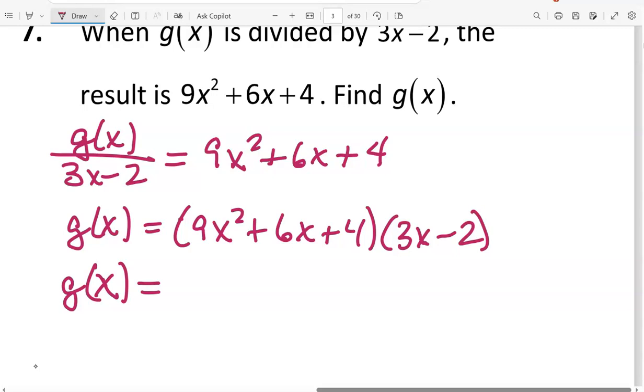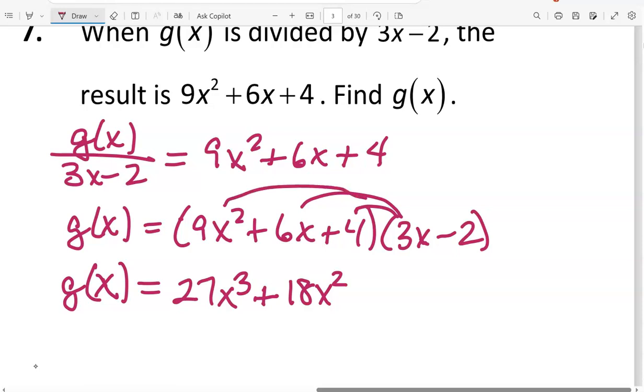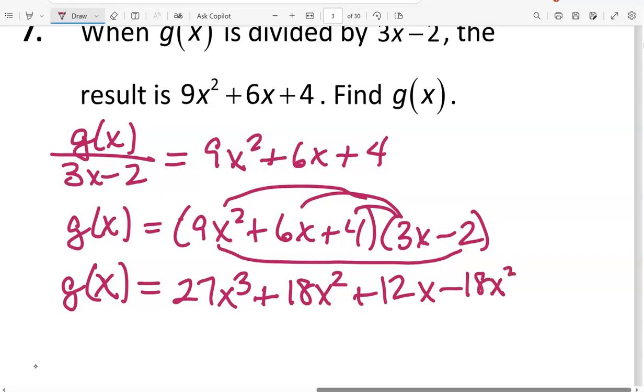If we multiply the first terms in the parentheses together, we get 27x cubed, and then if we multiply the next terms times 3x, that will give us plus 18x squared, and then the next term times 3x would give us 12x, and then 9x squared can multiply by the negative 2, and that gives us minus 18x squared, and 6x can multiply by the negative 2, and that gives us negative 12x, and finally 4 can multiply by the negative 2, and that gives us negative 8.